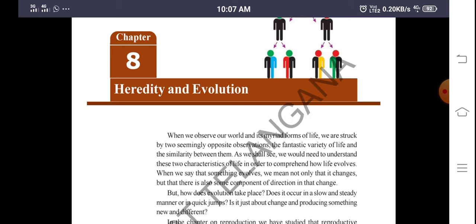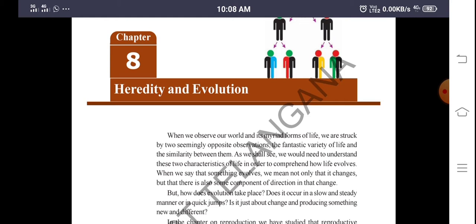In this heredity, whatever characteristics the parents have are transferred through reproduction into their children, or offsprings, or new individuals. Next, another word we have is evolution.